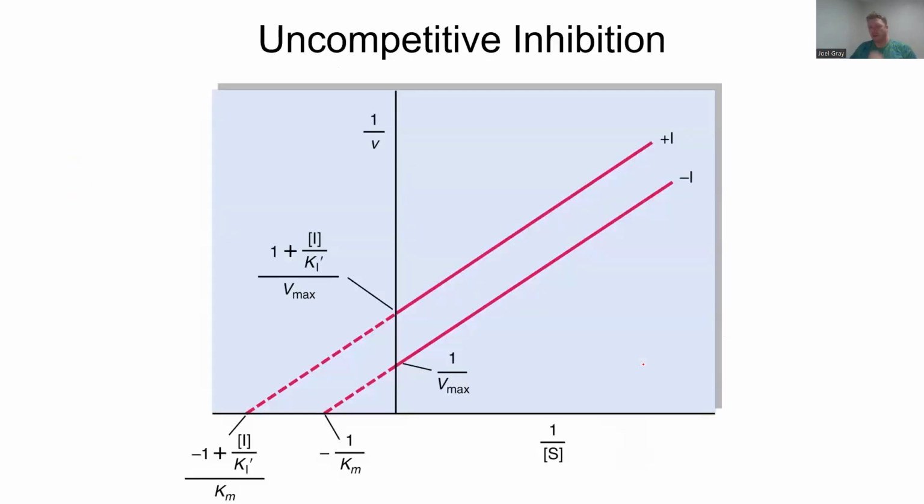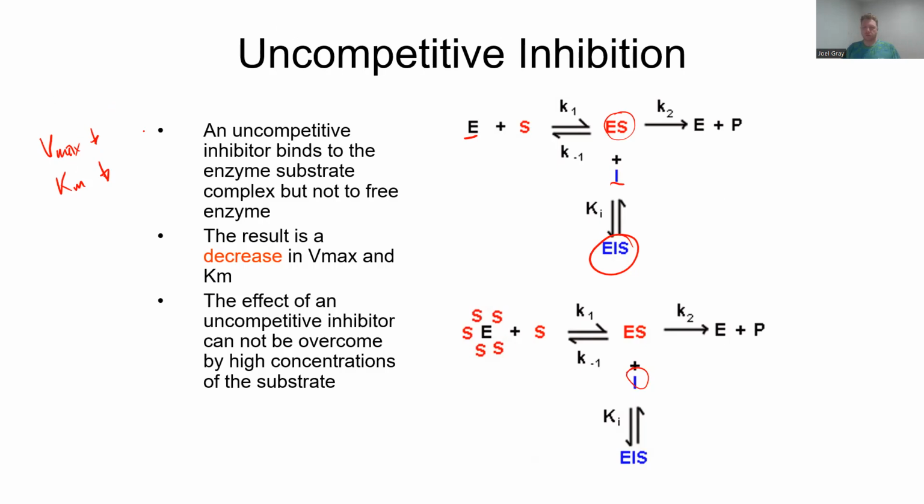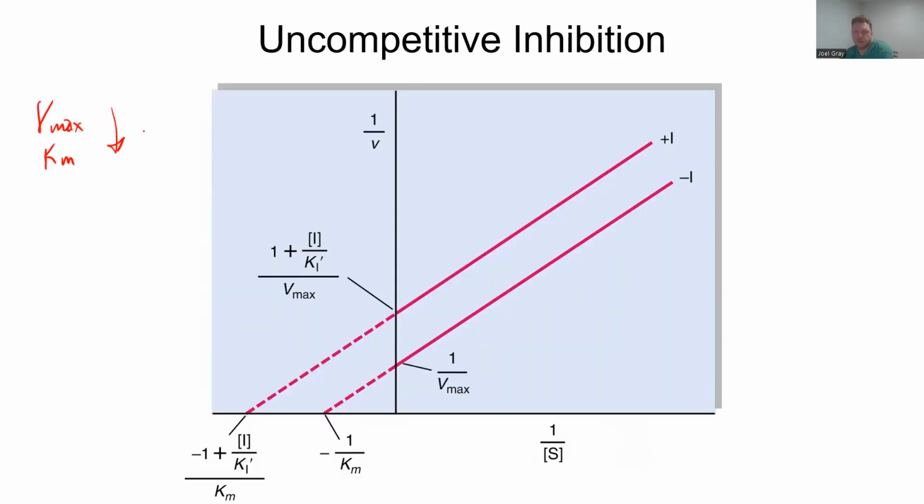Now, with an uncompetitive inhibitor, since the Vmax and the Km are both going down, what does that mean for our graphs? Well, one thing is the slope of these graphs isn't changing, because both our Km and our Vmax are going down. So our slope remains unchanged.